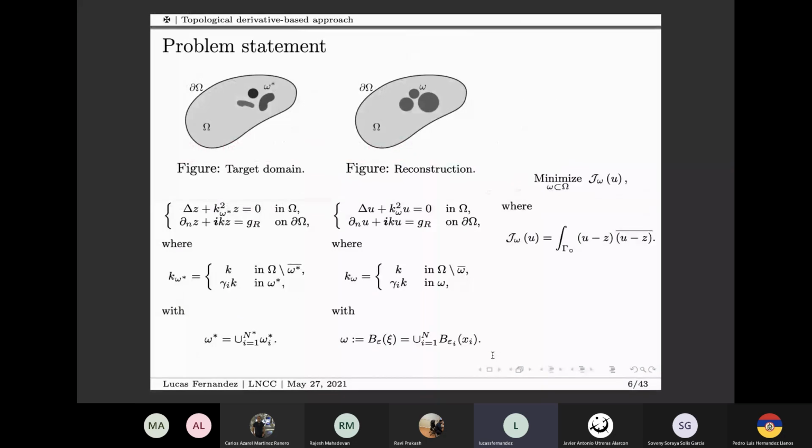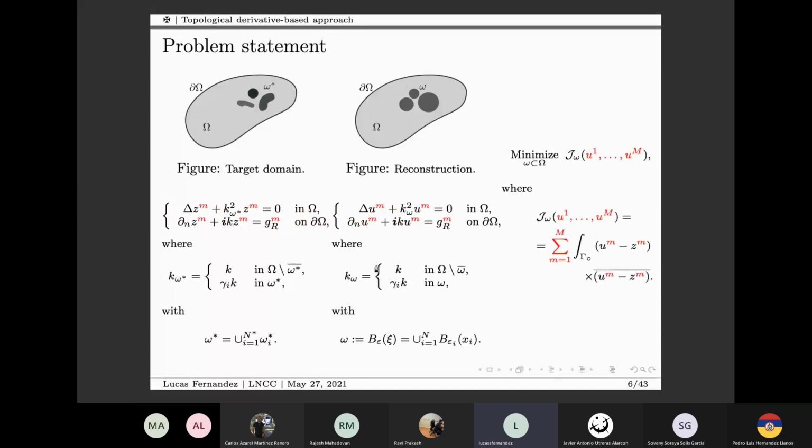So let's come back to the inverse problem. Note that the problem is stated in such a way that the reconstruction is conducted by using only one measurement associated with this function gr. I impose such a function, gr, on the boundary, and I use the respective solutions z and u to reconstruct the obstacles.